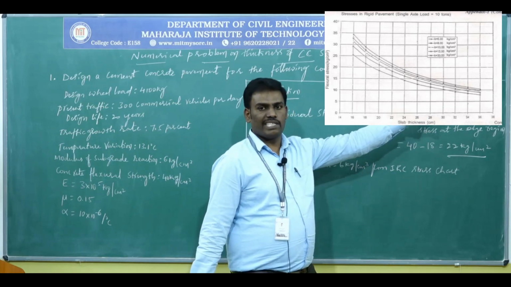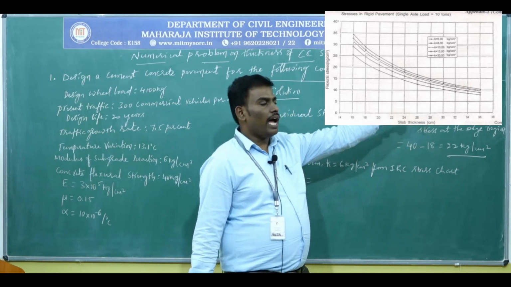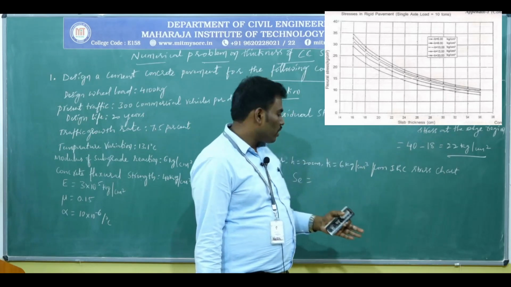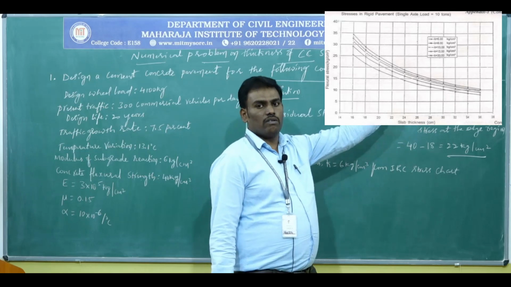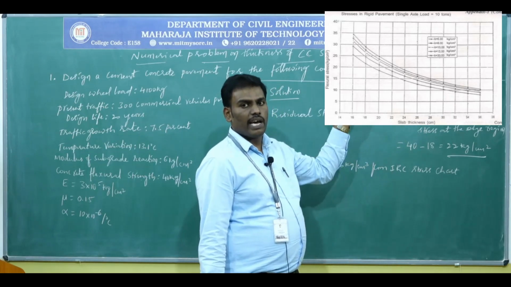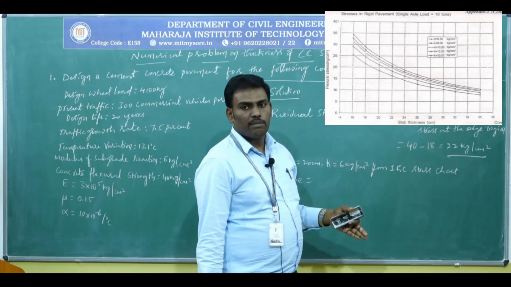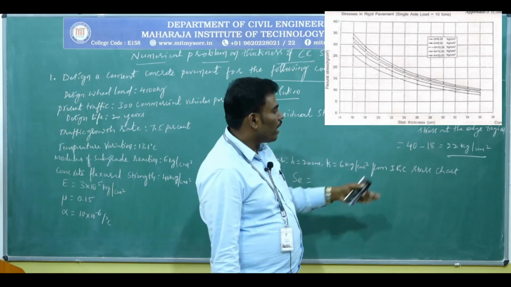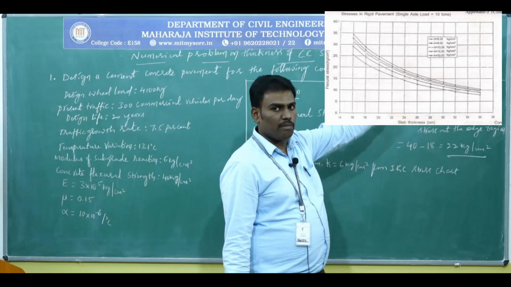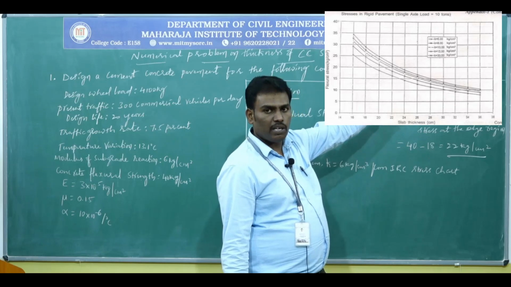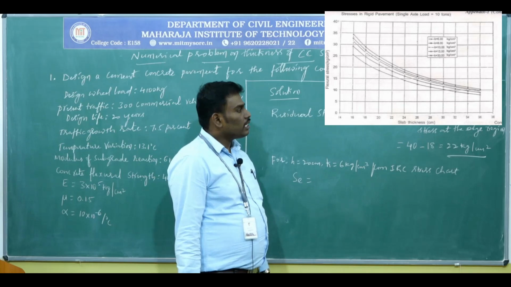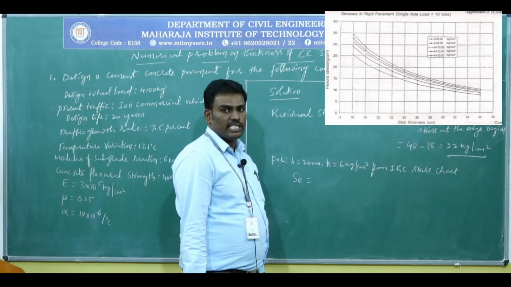In the x-axis we have slab thickness in centimeters, and the curves are made with respect to the modulus of subgrade reaction. There are 5 curves: 6, 8, 10, 15 and 30. In the y-axis we have wheel load stress in kg per centimeter square. For 20, touch the first curve, that is 6 kg per centimeter cube. From there touch the y-axis, that is your edge load stress.